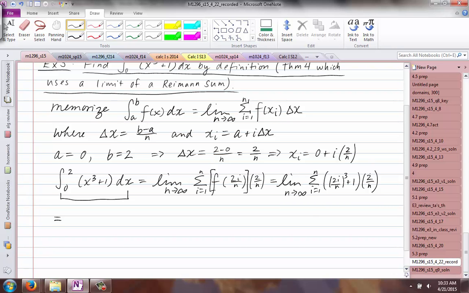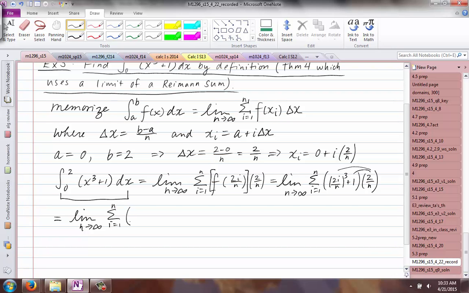So there's different ways to do this, but definitely since we're trying to get i cubed, in this case by itself, we need to get rid of the 2 and the n nestled up in those parentheses. Personally, I like to distribute the delta x part, which is 2 over n. But there are some variations in the algebra you can do, just as a heads up.